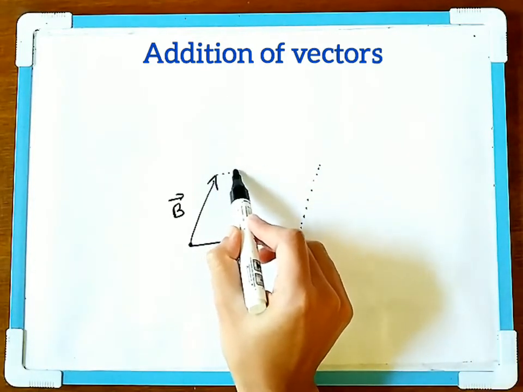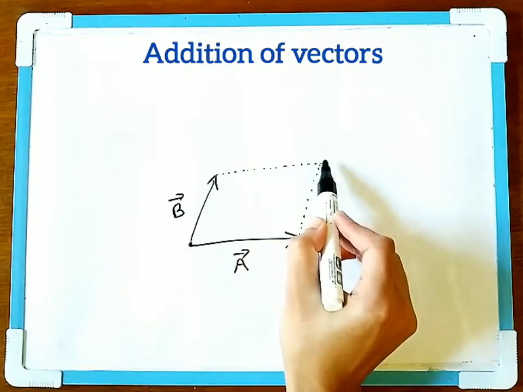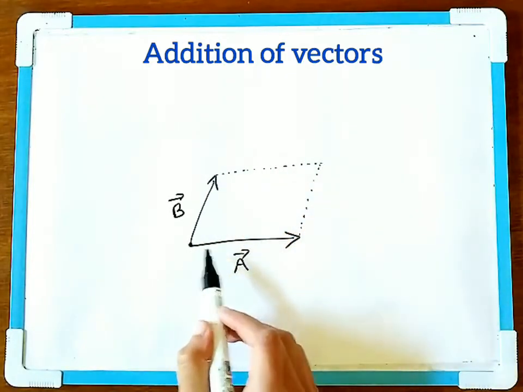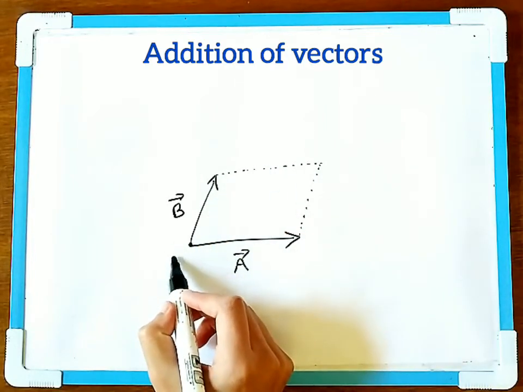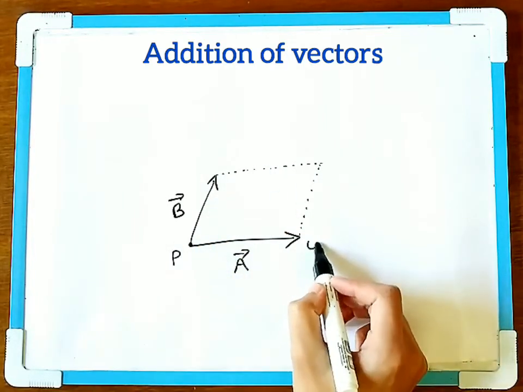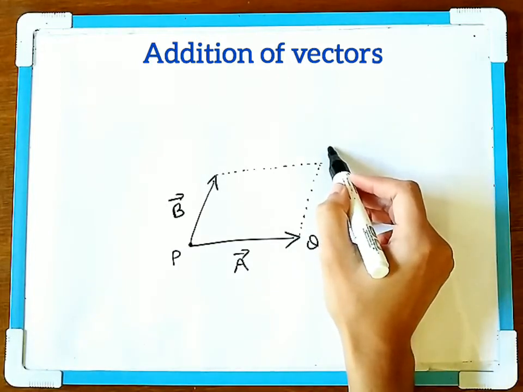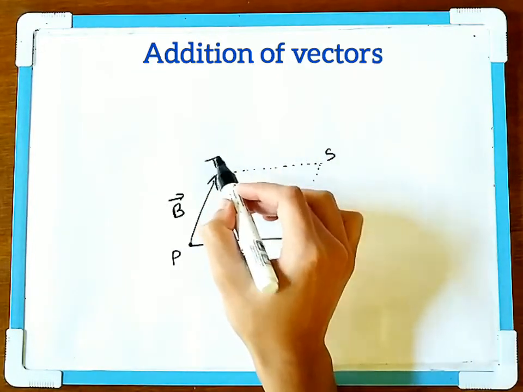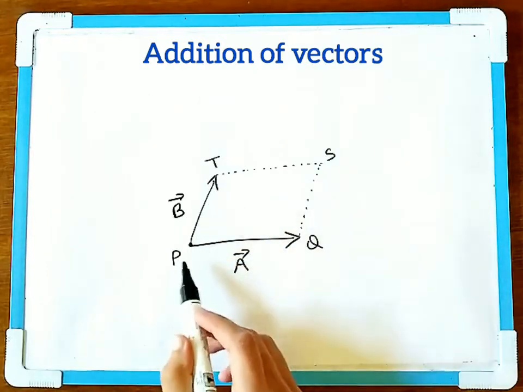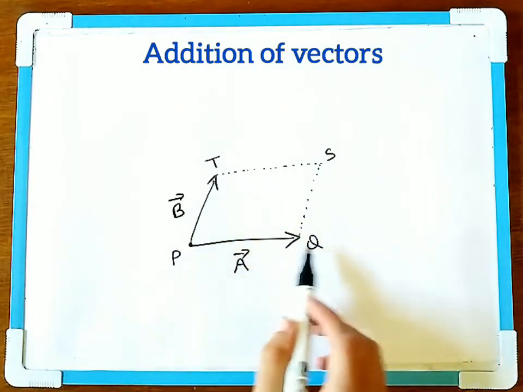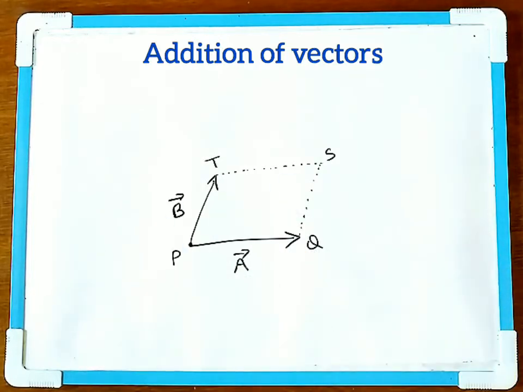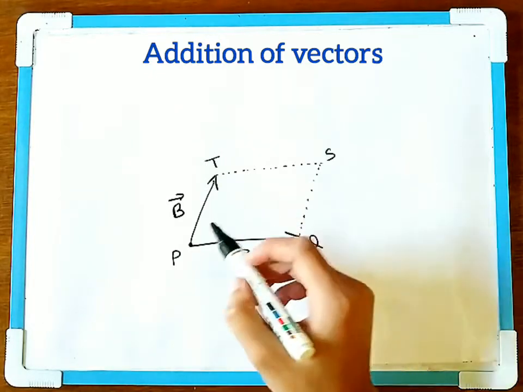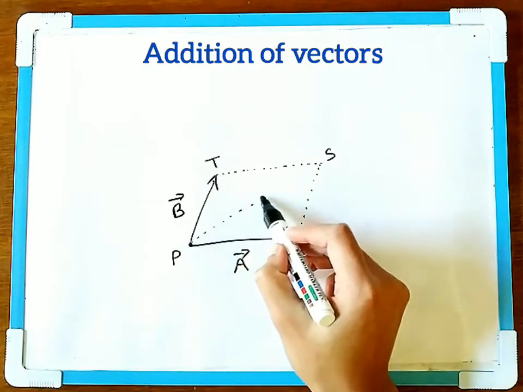So if these two vectors A and B are represented as the adjacent sides of this parallelogram PQST, then the resultant is represented by the diagonal of this parallelogram.